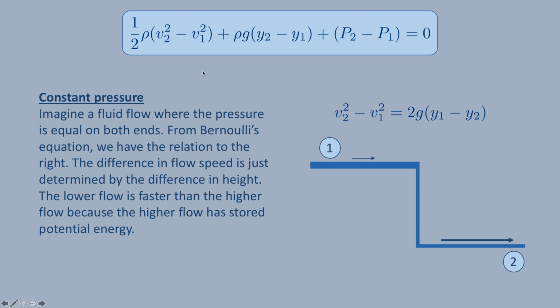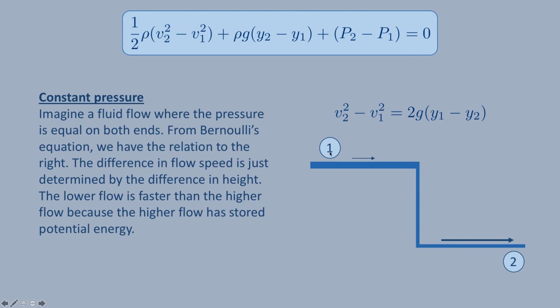All right, so in the first case, we're going to imagine constant pressure. So in Bernoulli's equation, the pressure term is 0 because it's the same on both sides. In that case, we can simplify down to this. Actually, the densities will cancel out, and the difference in the squares of the velocity is related to the height change.